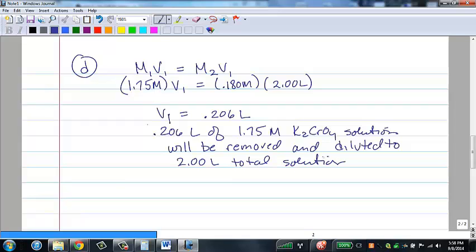And that new solution will have a concentration of 0.18.